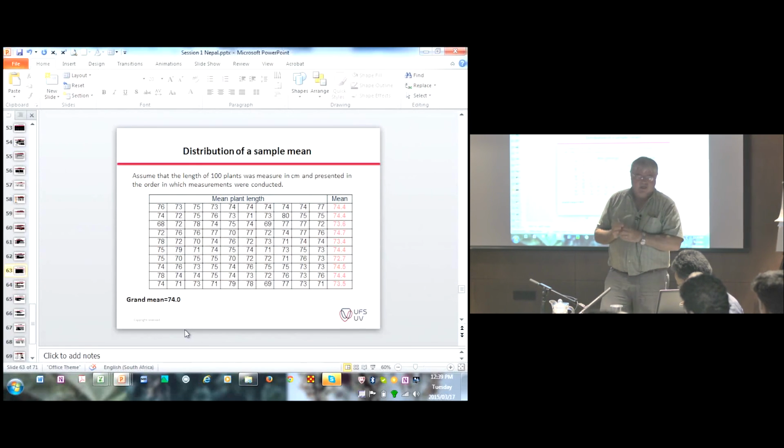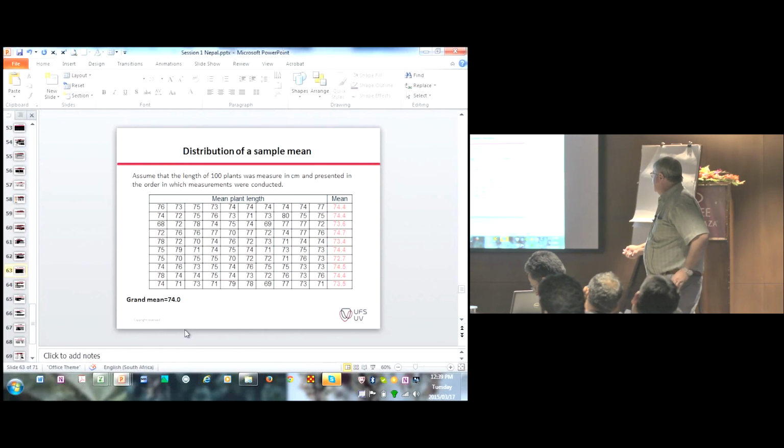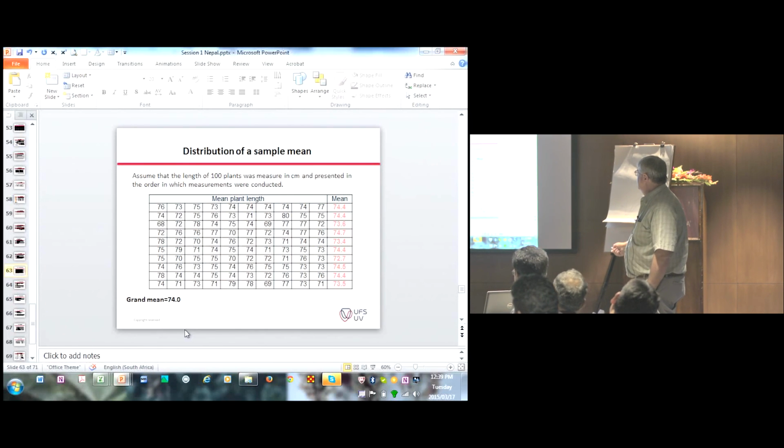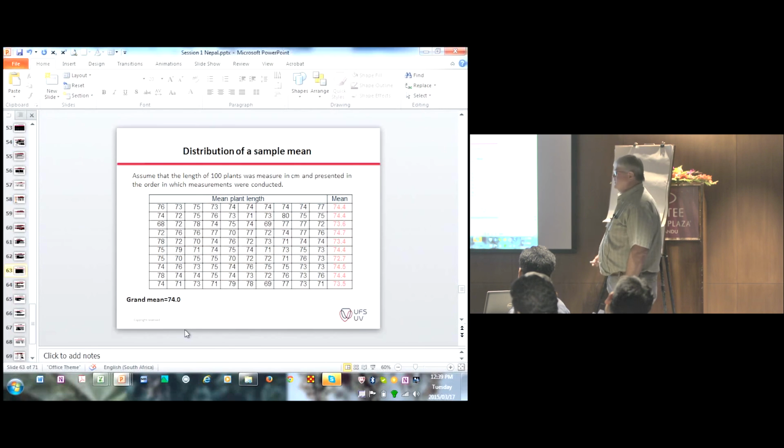When I started, I showed you 100 plants that I sampled for length. Now let's assume that instead of one big sample of 100 plants, I took 10 plants as my first sample, another 10 plants as my second sample, and eventually my 10th sample: 10 samples of 10 plants.